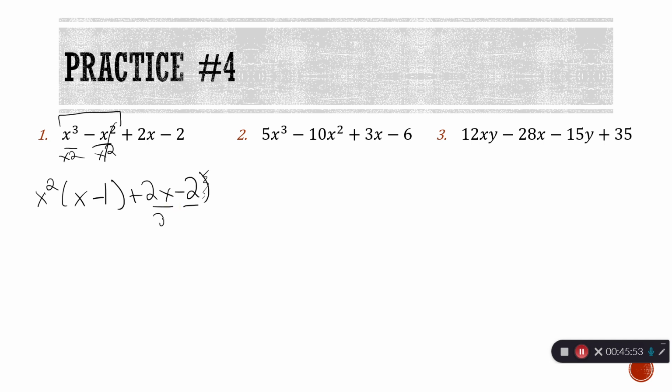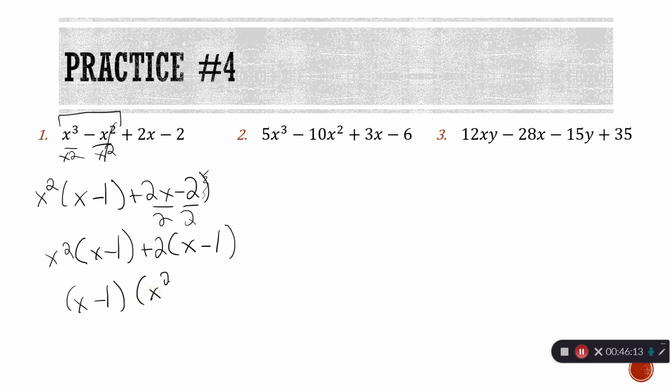Just divide off of 2. 2x divided by 2 is x, and negative 2 divided by 2 is negative 1. Perfect. They match. You always know that if you get these to match, it means you did it right. So x squared plus 2.